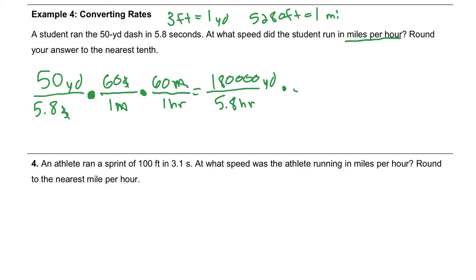So first I'm going to go from yards to feet. So I'm going to use the fact that there are 3 feet in 1 yard. That gets the yards units to cancel. And then I'm going to convert feet to miles. So now here, I'm going to put 1 mile on the top and 5,280 feet at the bottom.